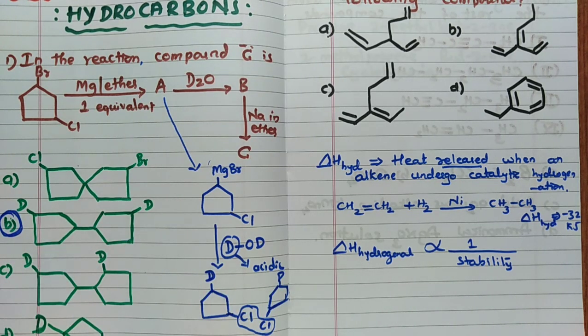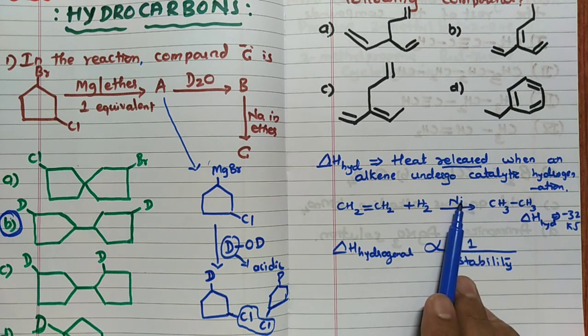Why is it inversely proportional to stability? I will tell you. See, if the alkene is less stable, remember, it will undergo hydrogenation very easily. Hence, heat released will be more. Whenever the alkene is more stable, it will not undergo hydrogenation so easily.